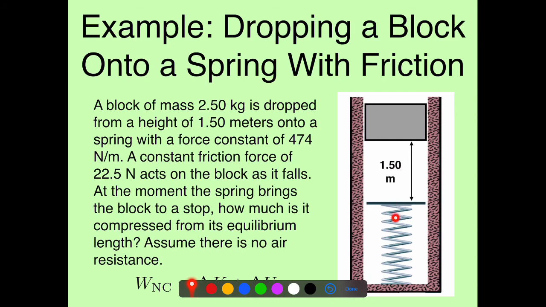The spring gets compressed, and then eventually it brings the block to a stop, but only after being compressed by some amount. So the question we're answering is, at the moment the block comes to a stop, how much is the spring compressed? Okay, so we'll assume there's no air resistance, just that friction force. Let's see what we get.